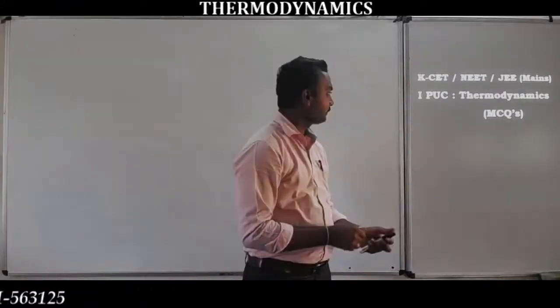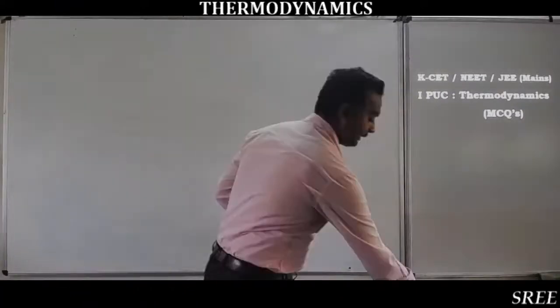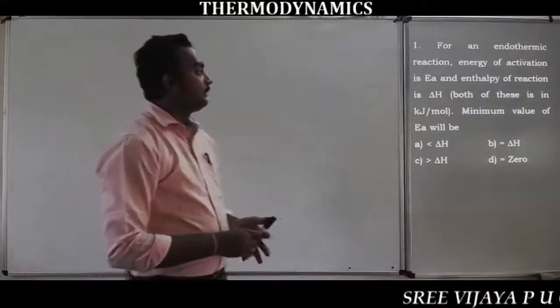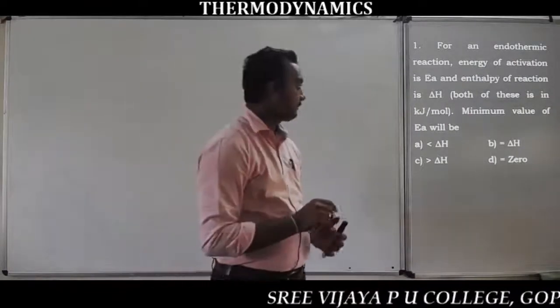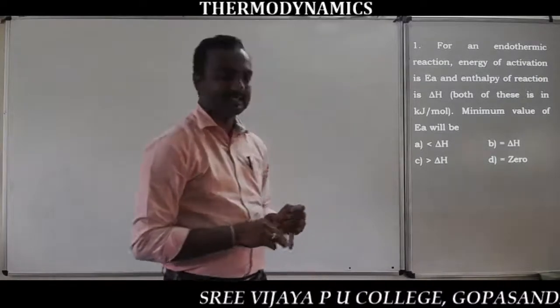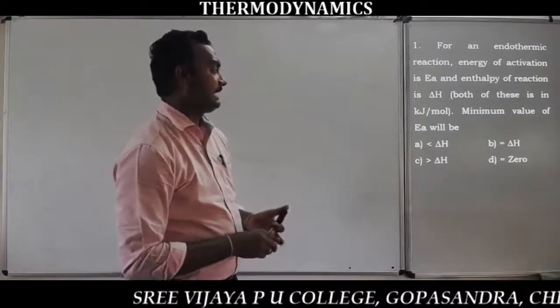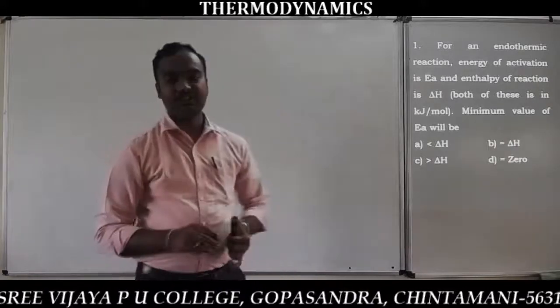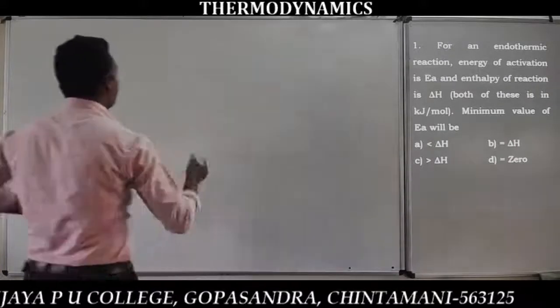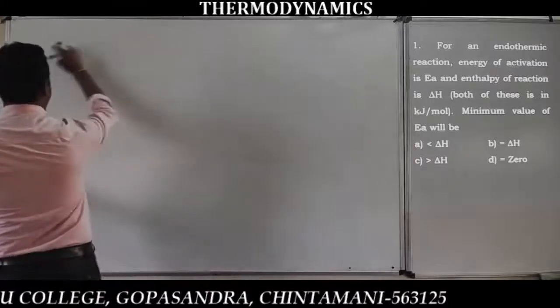Questions regarding thermodynamics. The first question: for an endothermic reaction, the energy of activation is Ea and the enthalpy of reaction is delta H, both in kilojoules per mole. What will be the minimum value of activation energy? Here the given reaction is endothermic.